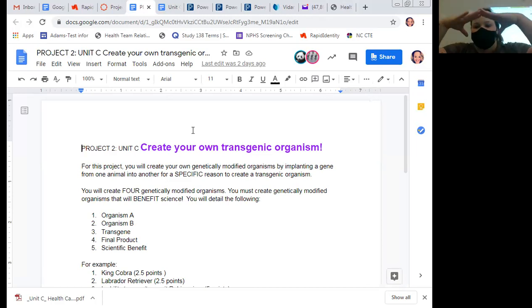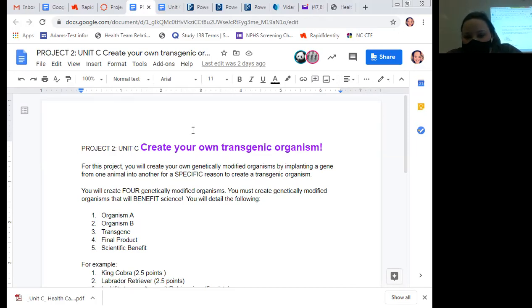Remember, we have GMO as the umbrella, and under GMO, we have anything that we modify genetically, and then we have transgenic organisms, where we take genes from different pieces and parts and put them all together. So for this project, you will create 4 genetically modified organisms. You must create genetically modified organisms that will benefit science.